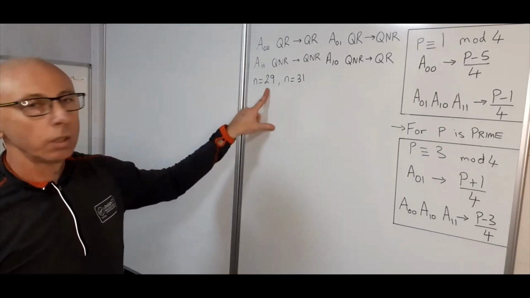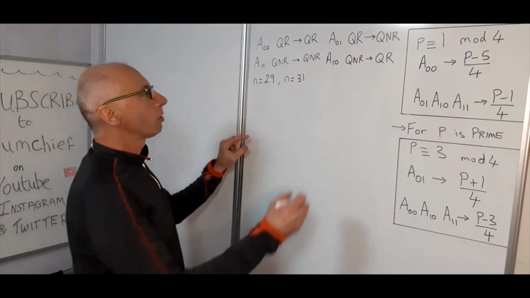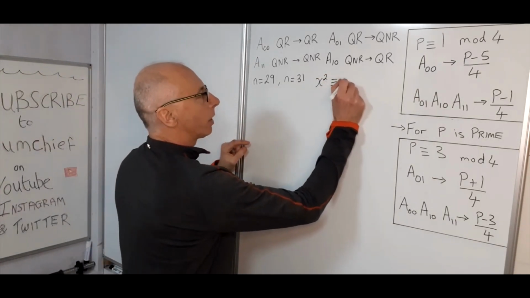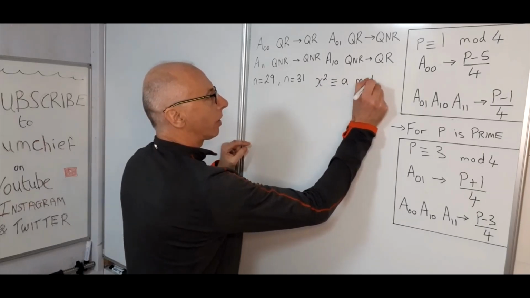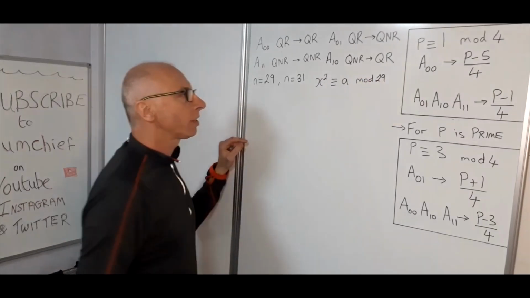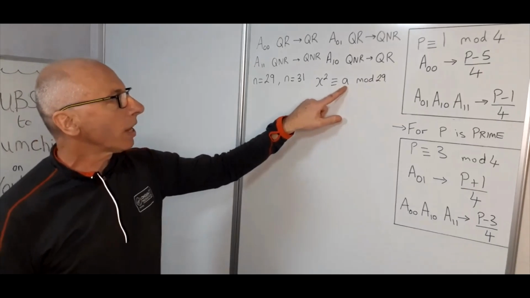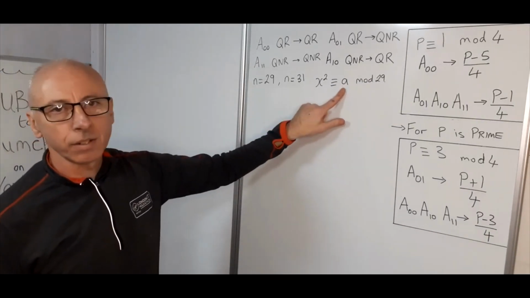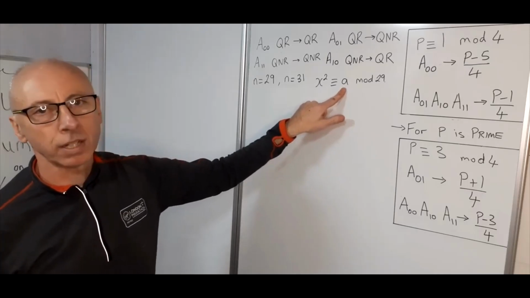Okay, so first of all, we're going to find out the quadratic residues modulus 29. So what we need is to solve this equation first. If x squared congruent with a mod 29 has a solution, then we can say that this number a is one of the quadratic residues.